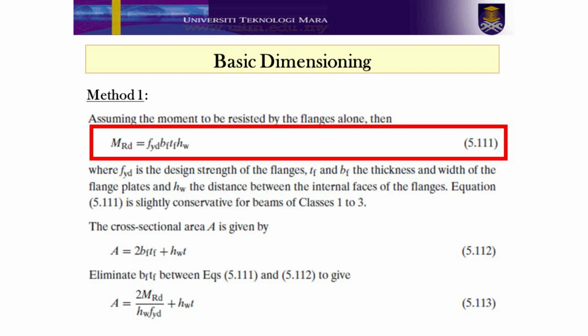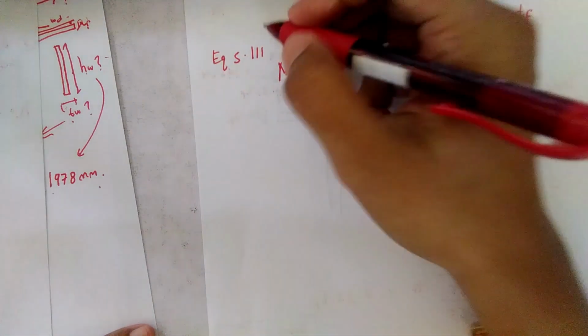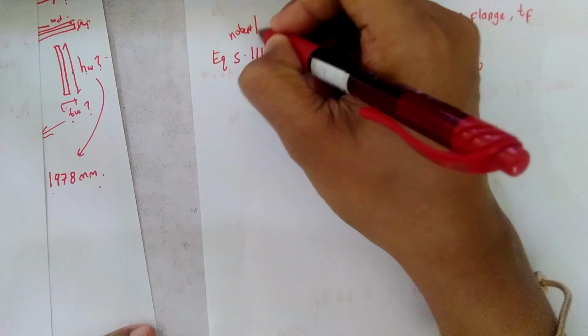If you look at our PowerPoint or video lecture, the thickness comes from equation 5.111, given that your M_pl,Rd is equivalent to f_yd times B_F times T_F times H_W. You can get this from the notes or the video lecture.